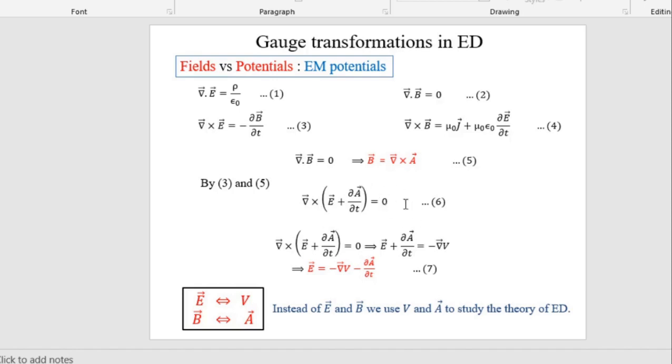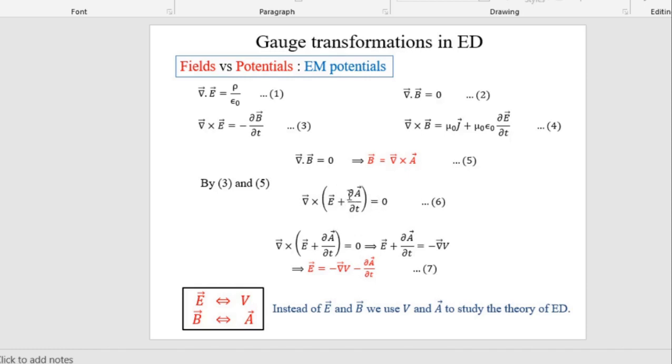Now with equation 6 we can apply a similar principle from vector analysis, that curl of gradient is always equal to 0, that means curl of gradient of a scalar is equal to 0.